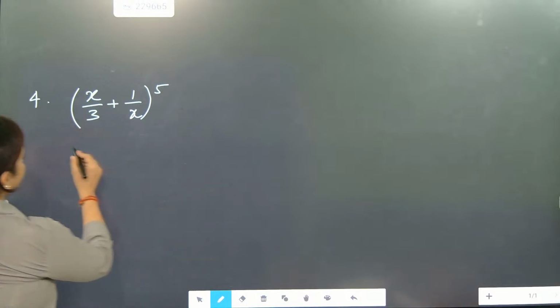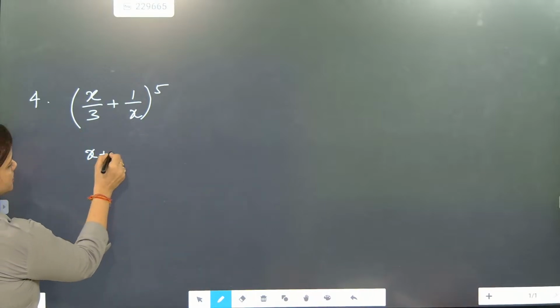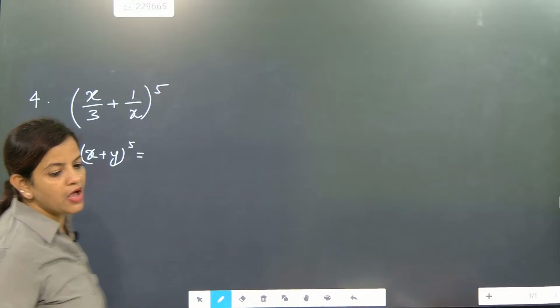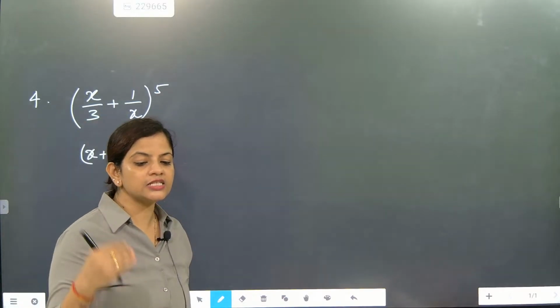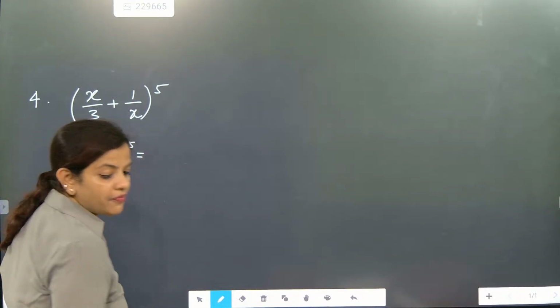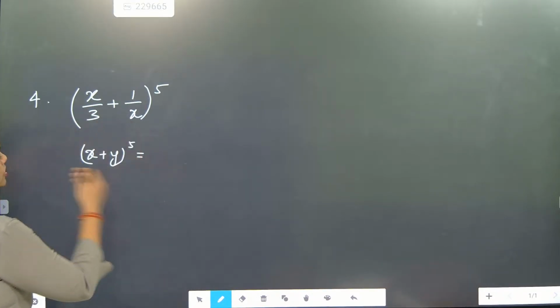Now look here. Again, we know the expansion part: x plus y to the power 5 means what? How do you proceed for writing x plus y to the power 5? So first you check this one out.